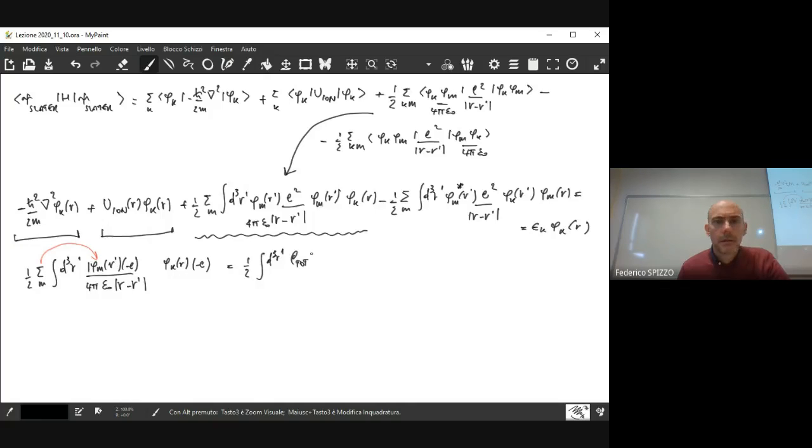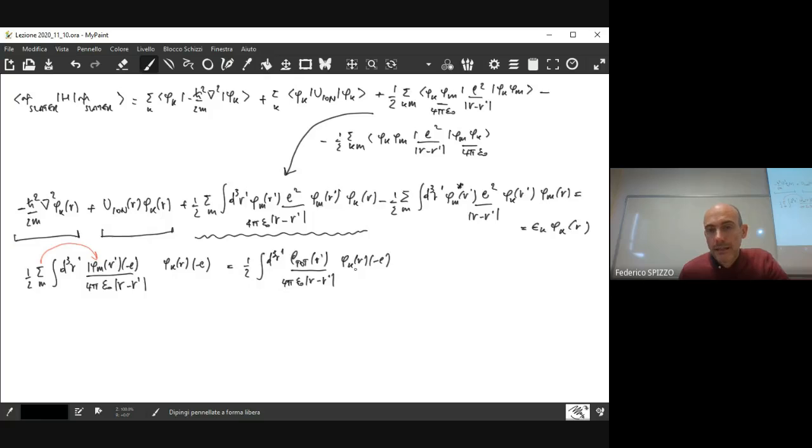the total density, as I called it when I presented the R3 model. Okay, let me leave rho of r minus r prime.